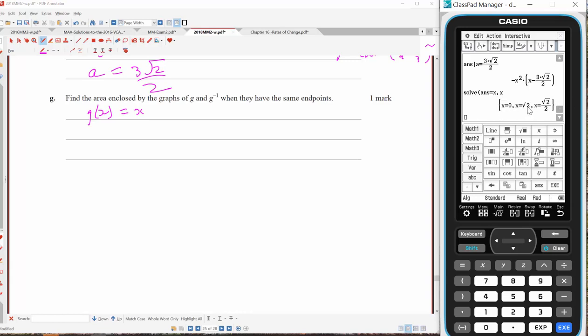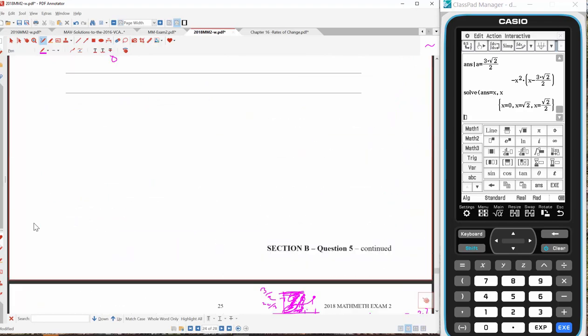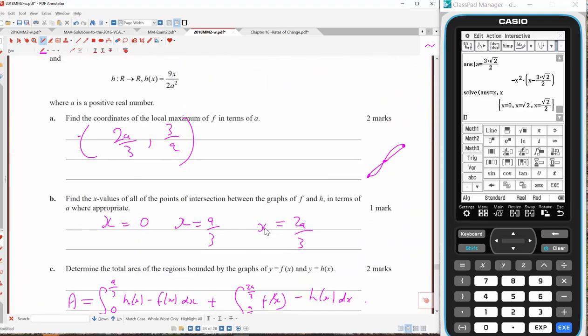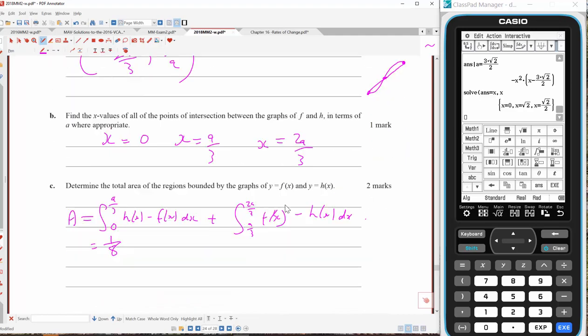And it's telling me that it's got an intersection at 3 places. I expected that: x equals 0, x equals root 2, and x equals root 2 on 2. Right, so that seems to be in sync with what happened here when we got the intersections, which are separated by the same interval.